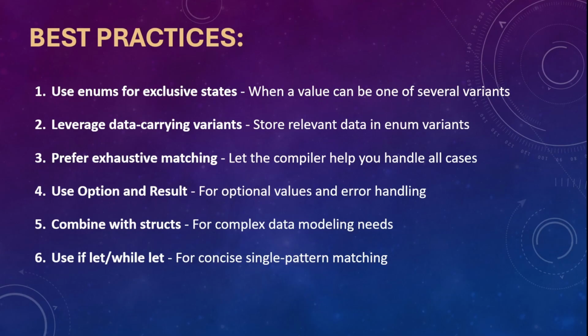There might be confusion about when you have to use enums and in what cases you have to use structs. So use enums when you have multiple mutually exclusive states or variants for your application requirements, and use structs in those cases when you have related data that you have to arrange together to deal with a particular use case.